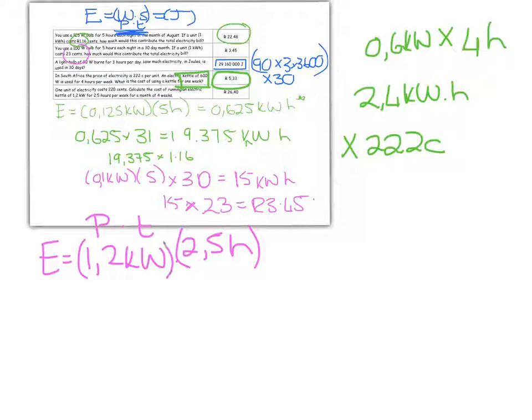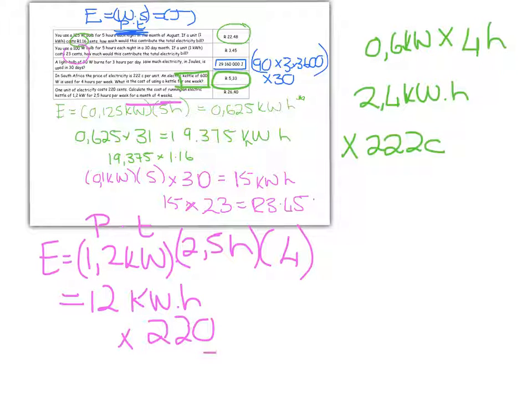But they're not asking for only 1 week now, they're asking for 4 weeks, multiplied by a month of 4 weeks, and we then land up with an answer of 12 kilowatt hours in the whole month, and I need to multiply that by R2.20 or 220 cents, and therefore I land up with R26.40 or 2,640 cents, but there wasn't an option given in the multiple choice.